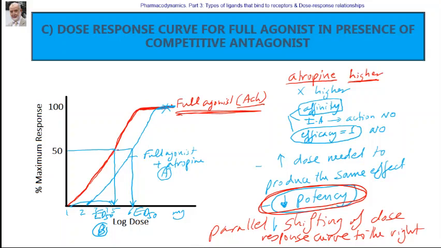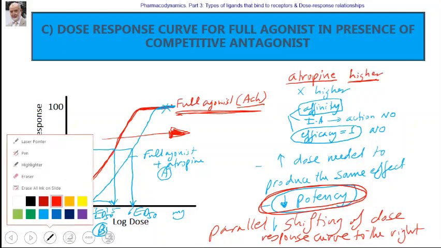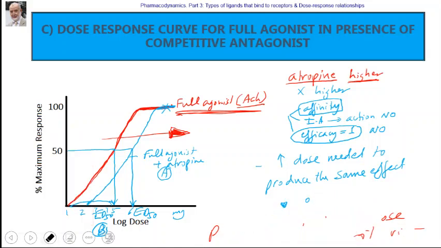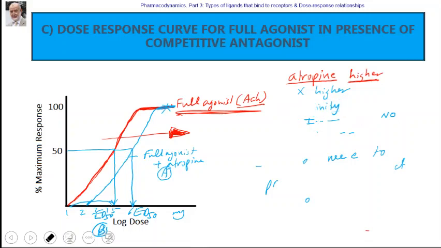The more the shifting to the right, the more potent is the antagonist. This is logical, as we can see.